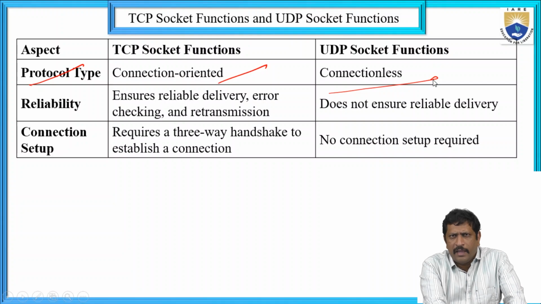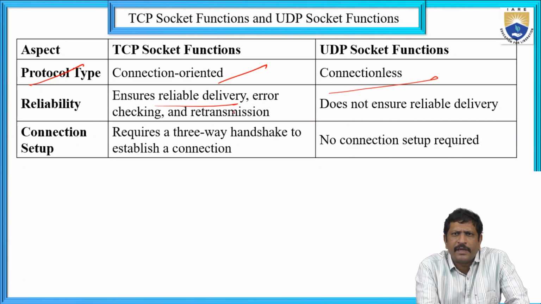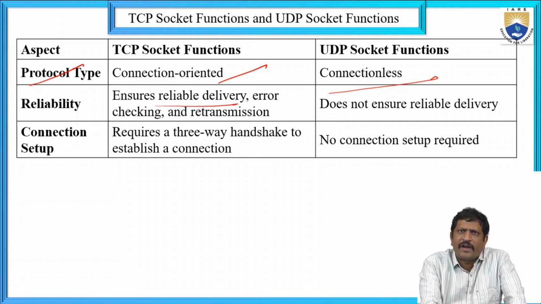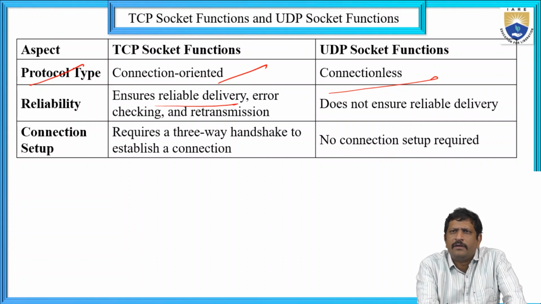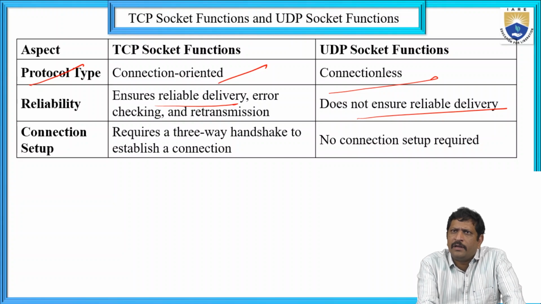Reliability means ensuring reliable delivery, with error checking and retransmissions. TCP sockets have high reliability for data transmission. UDP is a connectionless protocol, so it doesn't ensure reliable delivery.